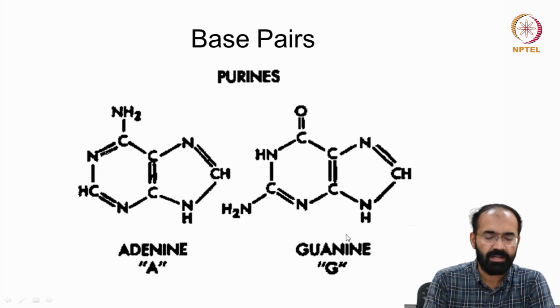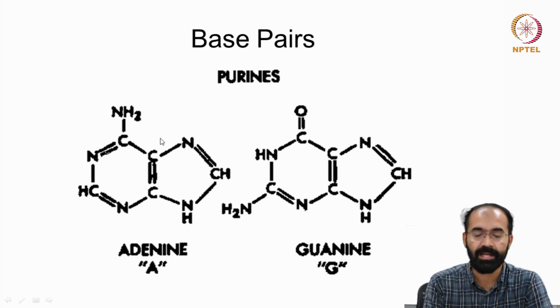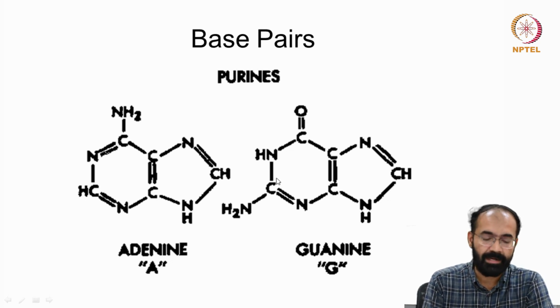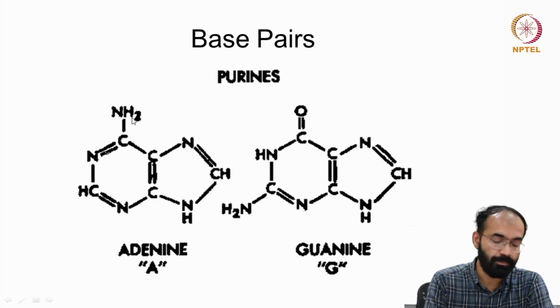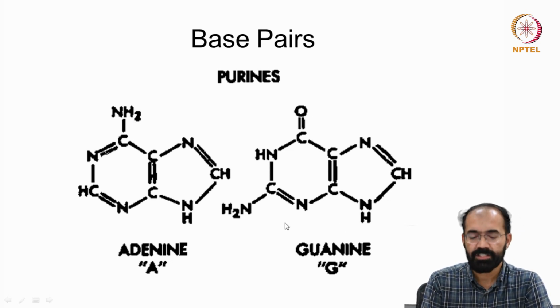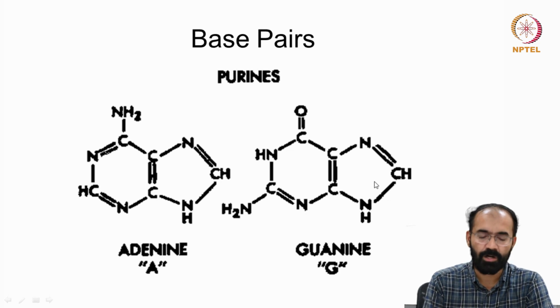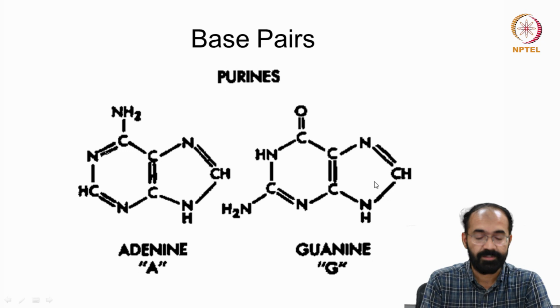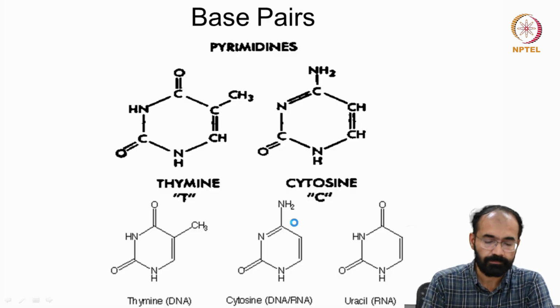Adenine and guanine are very much similar in structure, except that an amino group is in the adenine, whereas the amino group is changed in its position in the case of guanine, and the place where the amino group is there in the adenine, now you have got an oxygen, whereas the rest of the chains and parts are not very drastically different. They are more or less the same, and they come under the category called purines.